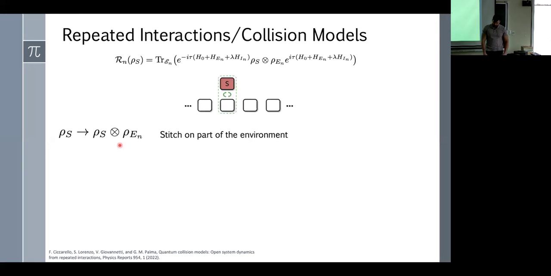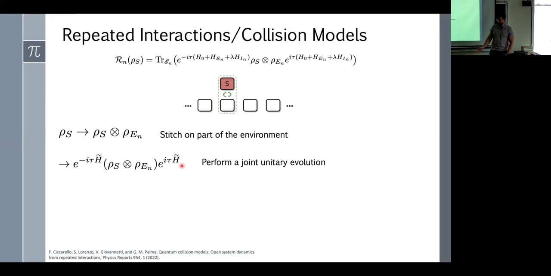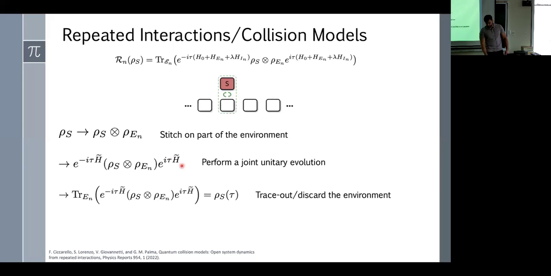So the action of the map, like I said, tensors on part of the environment. We perform some joint unitary evolution, where I'm writing H tilde as the total Hamiltonian, and the tilde represents a certain limit we're working in that I'll introduce shortly. Then we trace out and discard the subspace, and we're left with rho S evolved for a time tau.